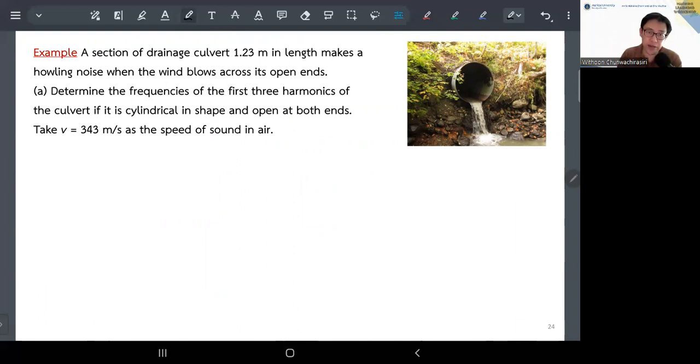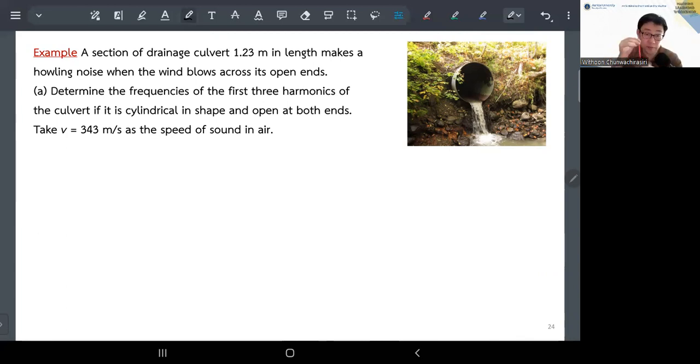A section of drainage culvert 1.23 meters in length makes a howling noise when the wind blows across its openings. Every time we blow, just like what I did last time with a straw, if you blow on top of it, you will hear some squeaking sound coming out.